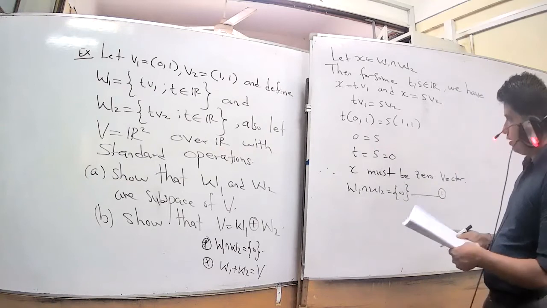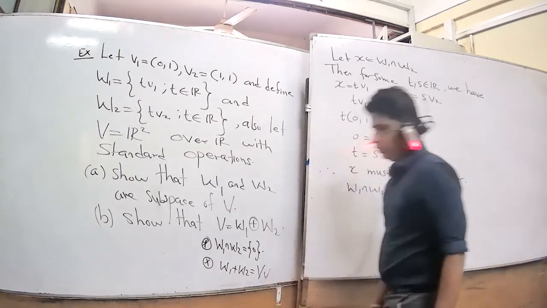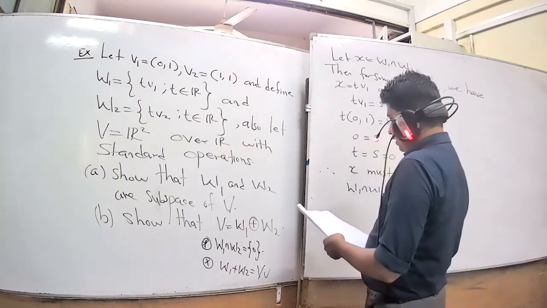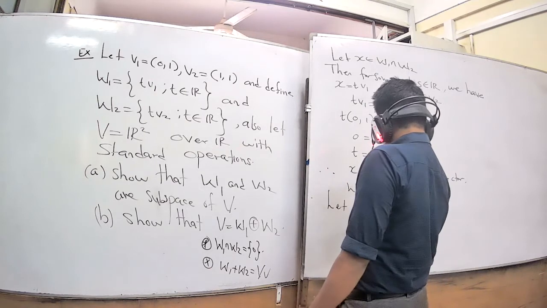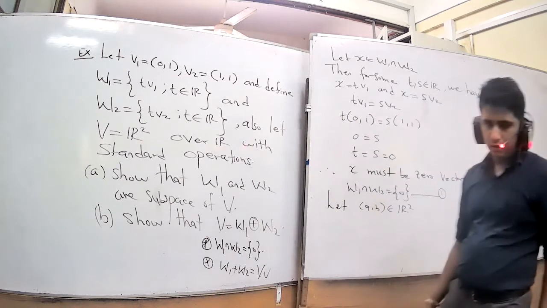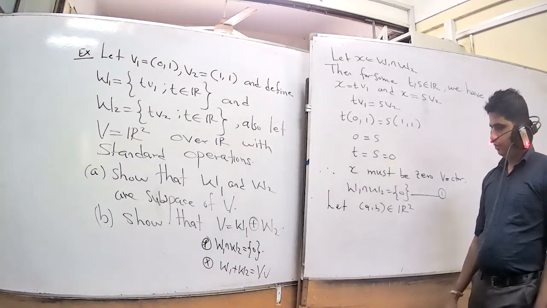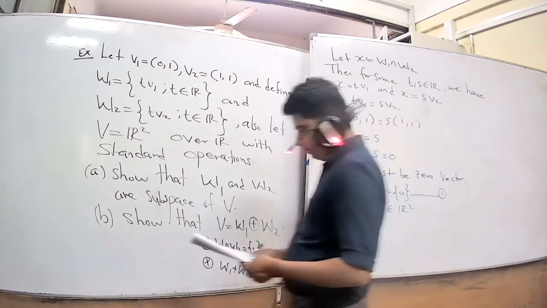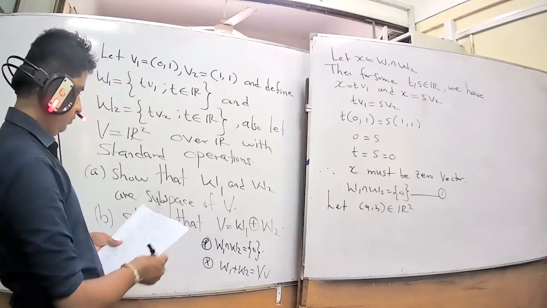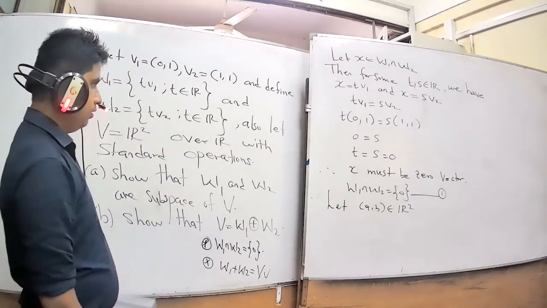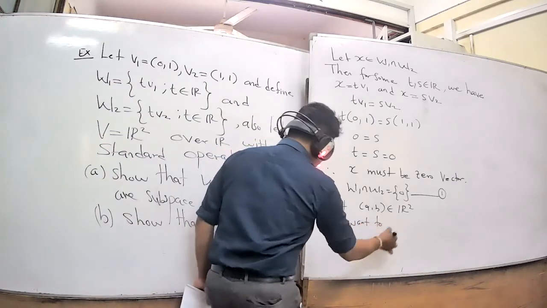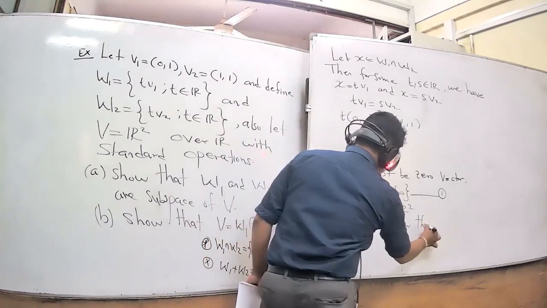For the next claim, you want to prove this. For this, you take an arbitrary element, let (a, b) be in R squared, an ordered pair.